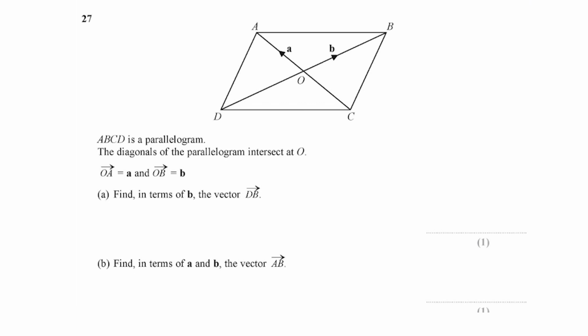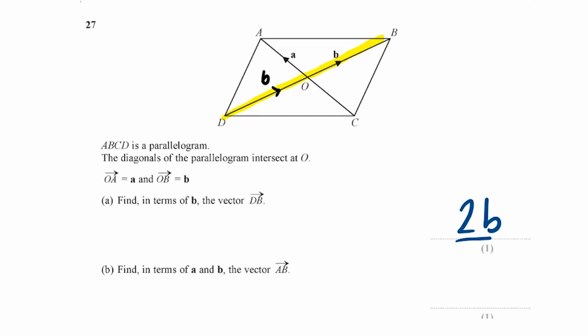Similarly, to go from O to B, the name of that road is b. And the question is asking us to find DB. In other words, what's the name of the road that goes from D to B? Well, we would need to put two of those b's together. So if we did D to O, that would be a b. Then O to B is another b. So two roads that are both b's. So we would just describe that as 2b.